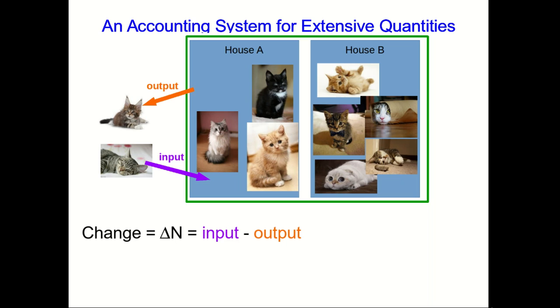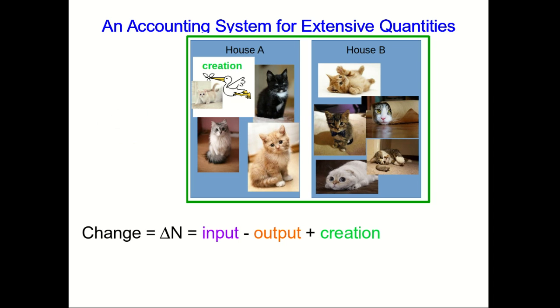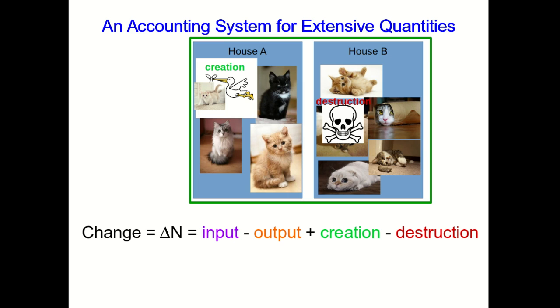However, cats can also leave the houses, go from the houses out into the environment, and so we would call this output. But those aren't the only processes that change the number of cats in our houses. There is, of course, a process whereby cats are created, and so we have to account for that. And regrettably, there's also a process whereby cats are destroyed.